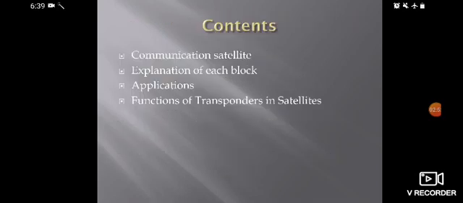What are the advantages of satellites? We have a number of advantages. Satellites permit high quality, high capacity transmission over long distances, and they broadcast signals worldwide.